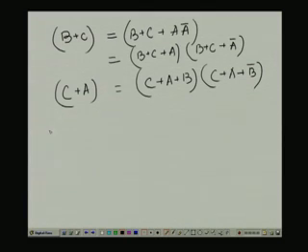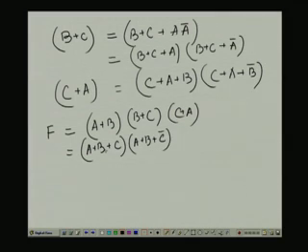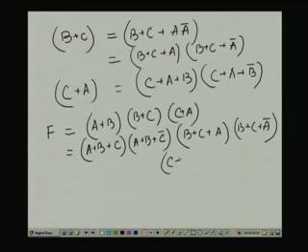Now, my F will be A plus B into B plus C, C plus A. This becomes A plus B plus C, A plus B plus C bar for the first term. For the second term, B plus C plus A, B plus C plus A bar. For the third term, C plus A plus B, C plus A plus B bar.